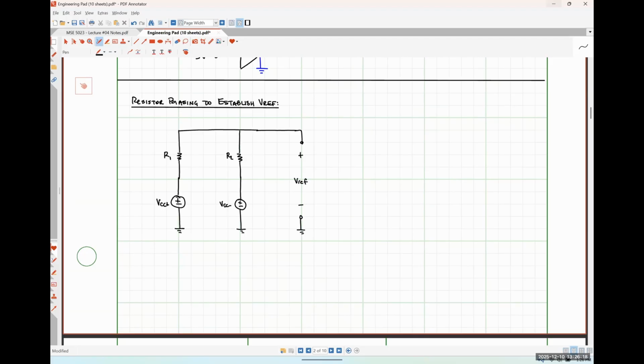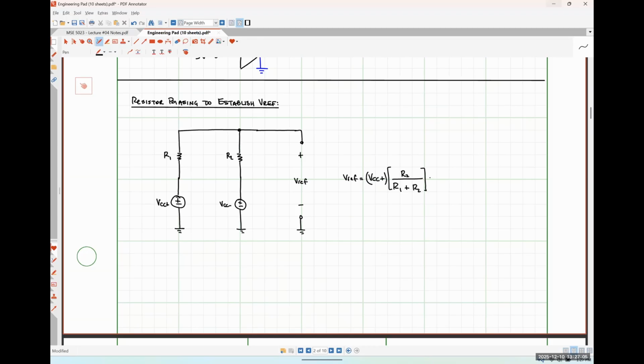In order to figure out what our relationship is, I'm going to employ superposition to make this really easy. Because if I only leave one supply voltage on and leave the other supply voltage off, this is literally just a normal voltage divider circuit, okay? So we should be able to see that our reference voltage with VCC plus on is going to be VCC plus times R2 over R1 plus R2. So that's the contribution of VCC plus.